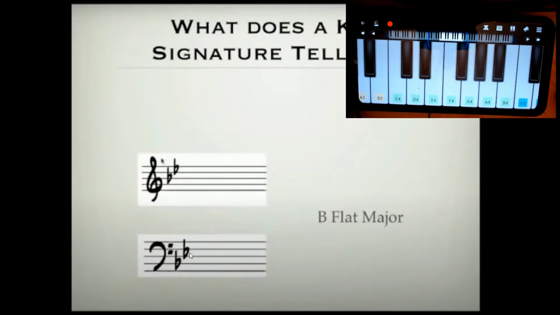Now, we're going to end the class here for today because next week I'm going to get into more detail about why some key signatures are flats and why some key signatures are sharps, and hopefully easy ways to be able to read what key a particular piece of music is in.